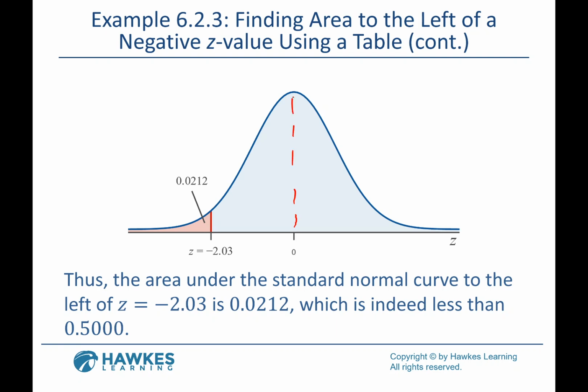So if we have a z-value that's on the left side, well, let's think about this. I'm wording it poorly here. If we go to 0 and we want the area from 0 to the left, what's that going to be? What's the area under the curve going to be if we start at 0 and go to the left? You can think about it as a percentage. What percentage of our area is from the middle to the left?